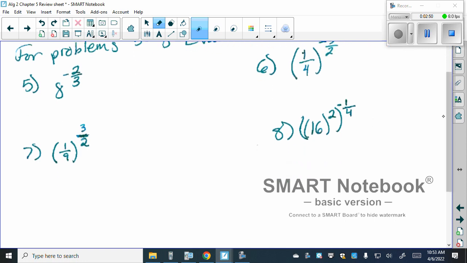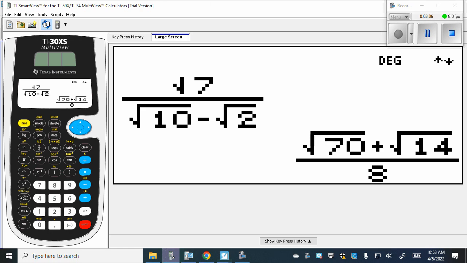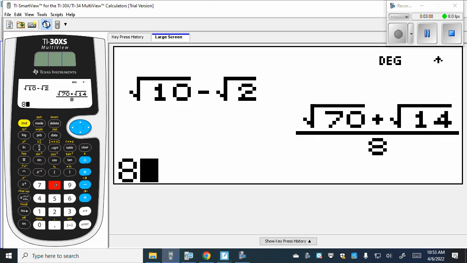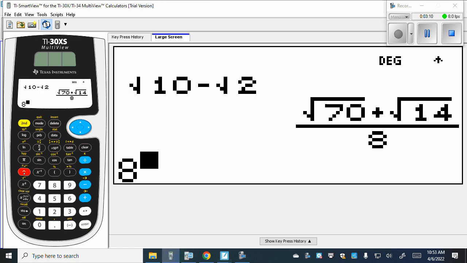Evaluate the expression. So if we say evaluate, we're going to plug it in. We can plug these into the calculator and solve. So we can say 8 to the -2 divided by 3.